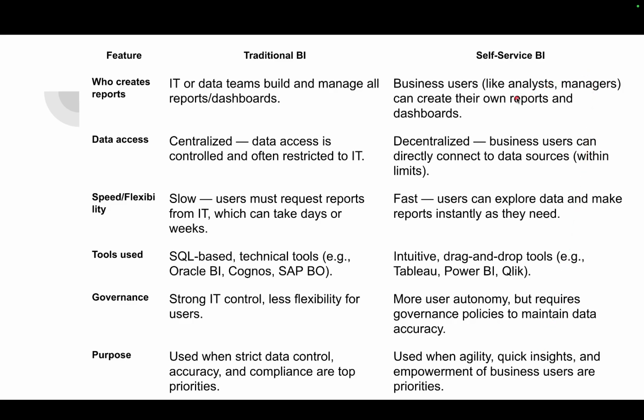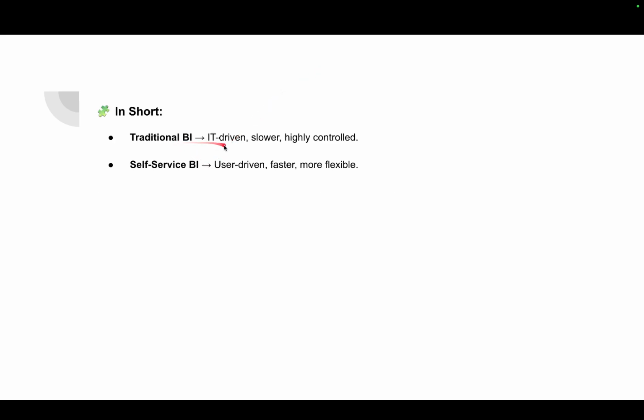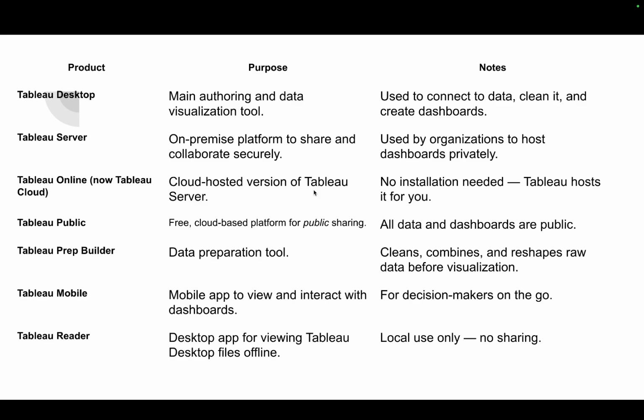I hope this is clear. On a broader level, you can consider that traditional BI was IT driven, slower and highly controlled, but self-service BI is user driven, faster and more flexible. That is the crux. Okay, now let's go forward and talk about the ecosystem of Tableau.